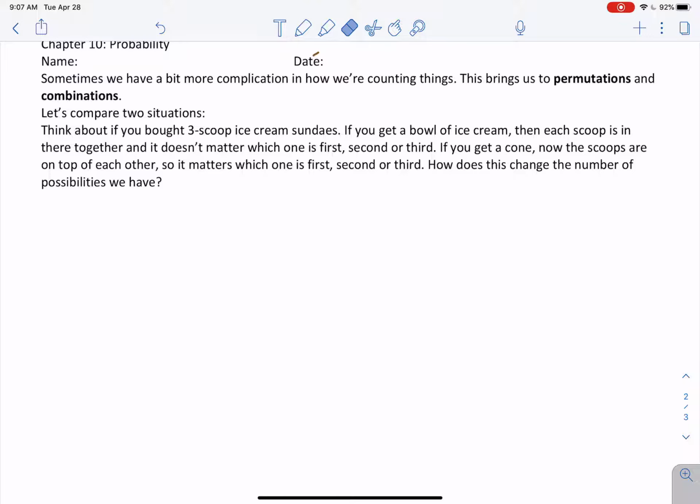So let's compare two situations. We're going to buy a 3-scoop ice cream sundae. We can either get the sundae in a bowl where we have enough space to have the 3 scoops next to each other, or we can get it on a cone where the scoops are stacked on top of each other. If I get a bowl, so let's say this is my bowl, looking at it top down, and let's do chocolate, right?